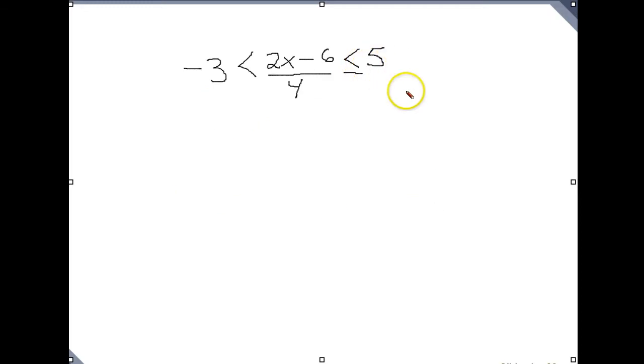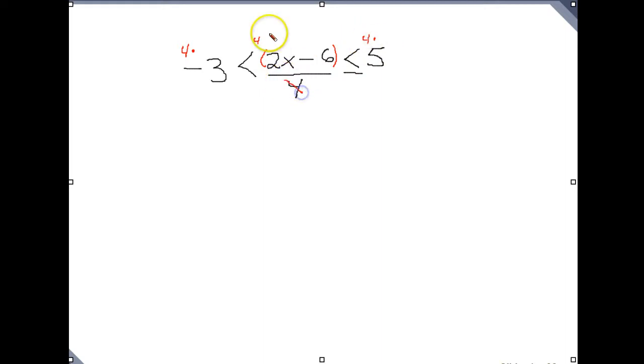Now, when we do one like this, notice there's a fraction in there. So calling on our old techniques of when there's a fraction, multiply everything by the lowest common denominator of 4. And in a sense, this is in a parenthesis due to that division bar, and we multiply this side by 4.